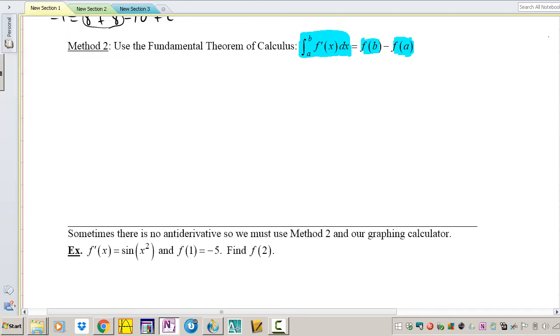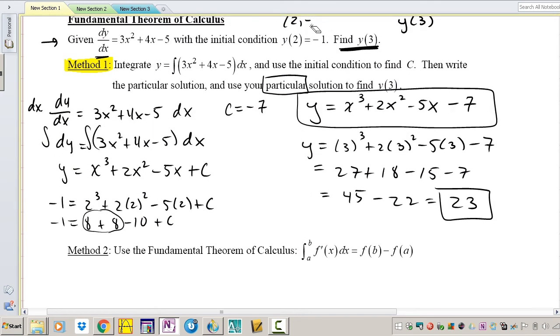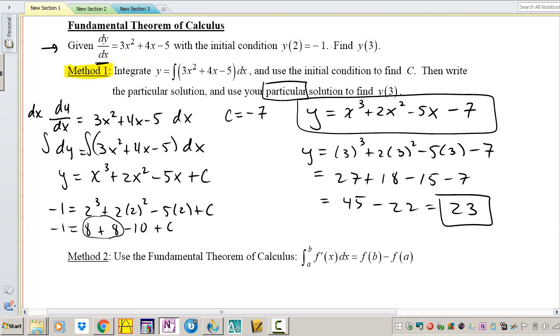Now, notice, let me just clean this up a little bit. This is the information you need to use. What is the lower x value? 2. The higher x value is 3. So this is going to be my a, and this is going to be my b. I have to use what's given to me.